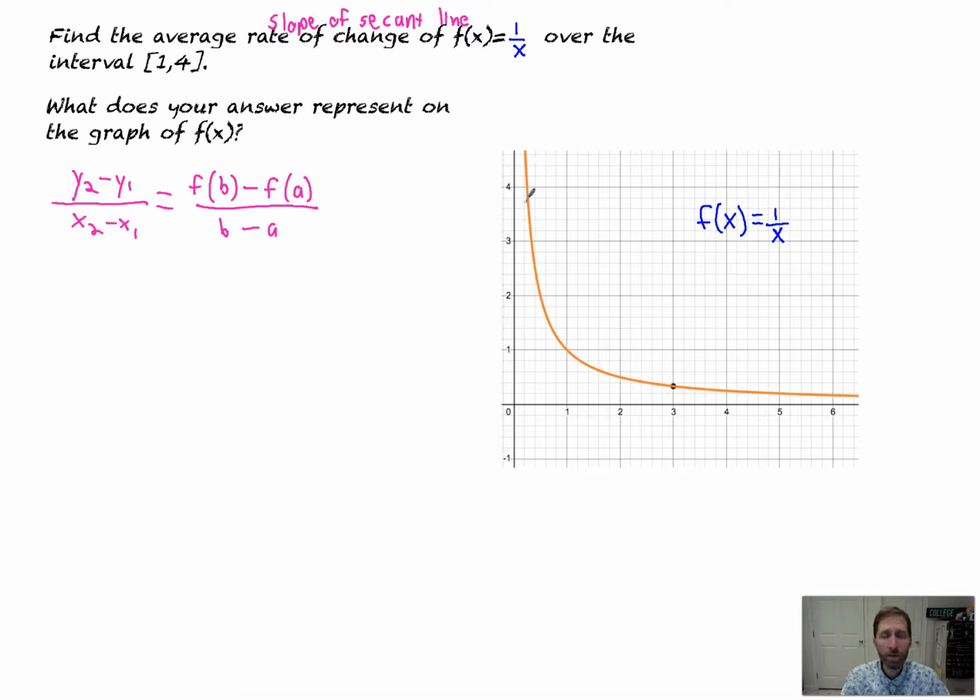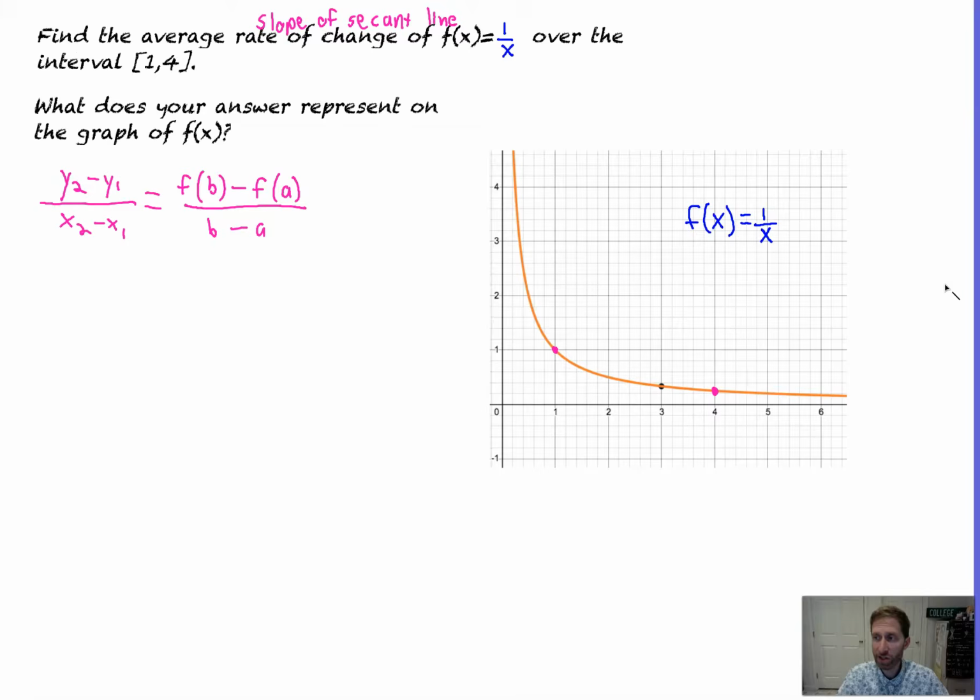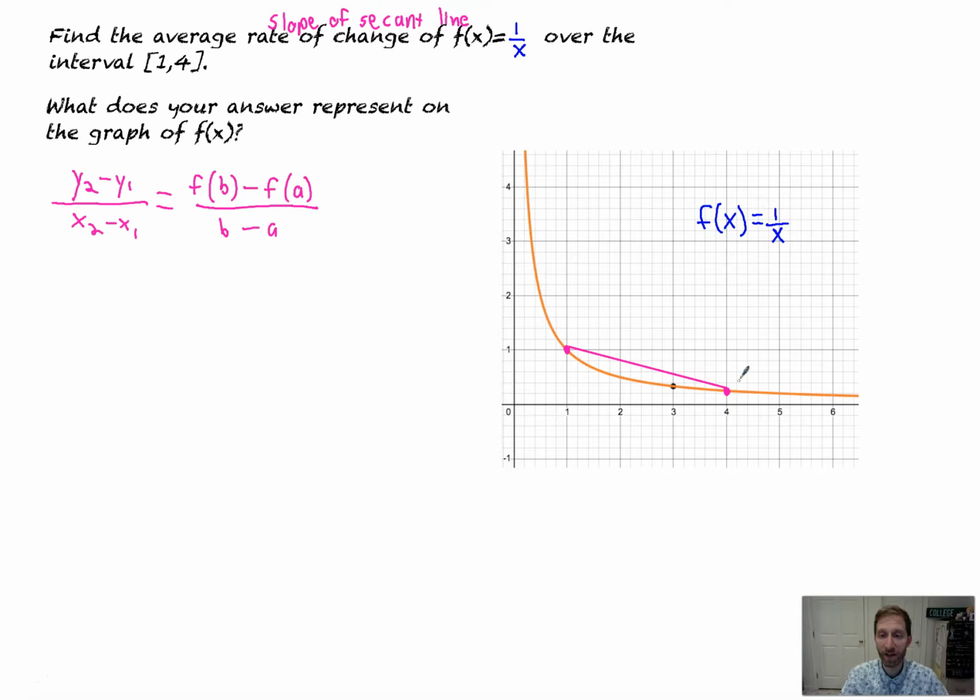Well, if we're going from x equals 1 to x equals 4, we're essentially finding the slope of the secant line, which would be this right here, the slope of that line. That's all we're going after. Not bad, right? And I'll draw that a little bit bigger so it lines up. So how do we do that? Well, you could do rise over run of the graph. That works.